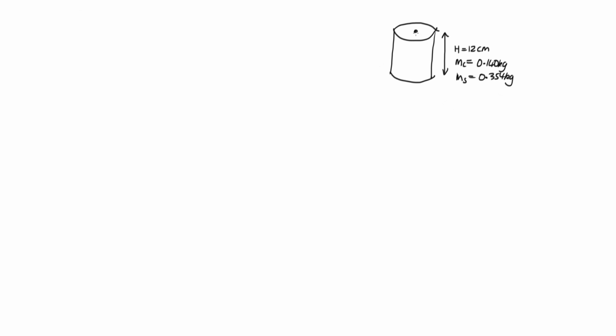And then we drill a small hole in the top and the bottom, and the soda starts to drain out. And in the first part, we're asked, well, what's the center of mass of the can when it's full of soda? Okay, now the nice thing with this problem is that it's very symmetrical.